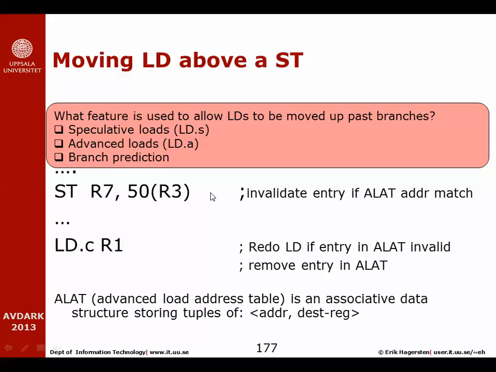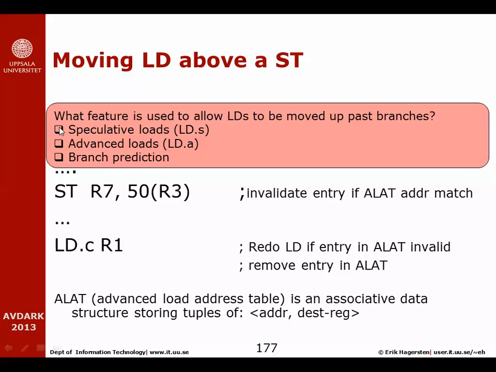Before doing that, we have a couple of questions. So what feature in this VLIW support allows a load to be moved up past a branch? Speculative load, advanced load, or branch prediction?